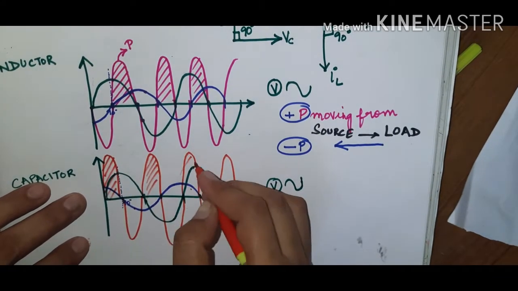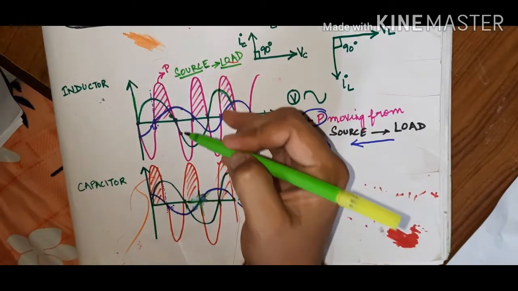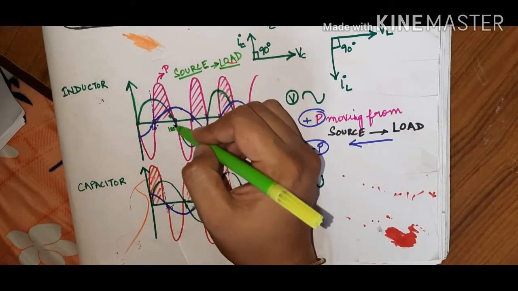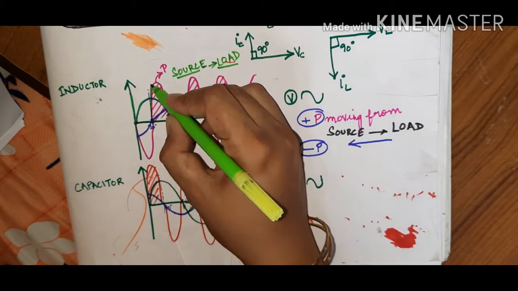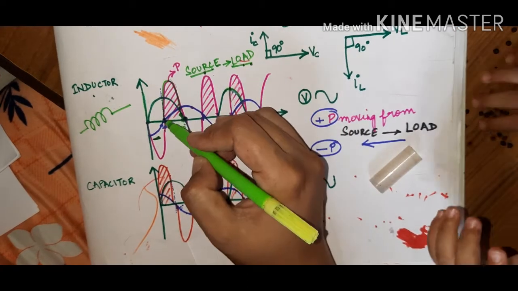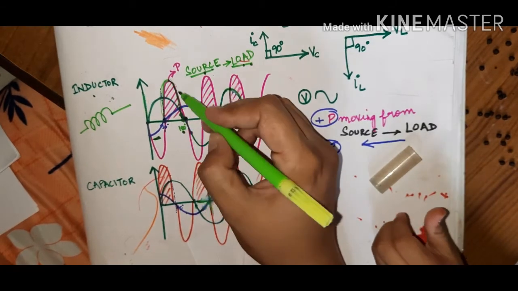Now what does this indicate? During the times from 90 degrees to 180 degrees, as you can see over here, the power flows from source to load of the inductor. What is happening is that it is only half of the time.